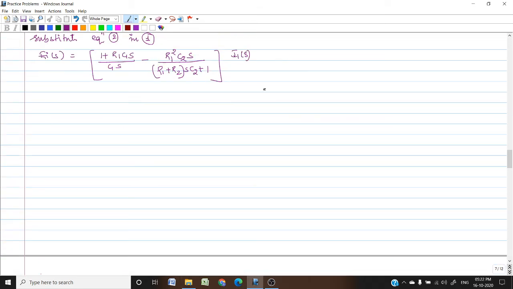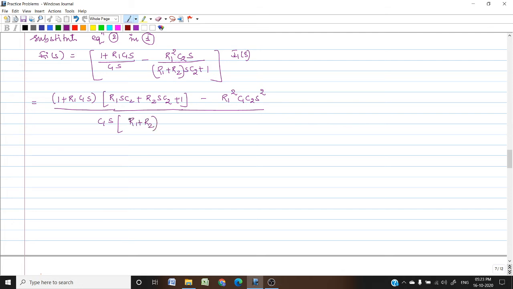So further simplification of this, I'll have (1 plus R1 C1 S) multiplied by ((R1 plus R2) SC2 plus 1) minus R1 square C1 C2 S square, whole divided by C1 S into ((R1 plus R2) SC2 plus 1).